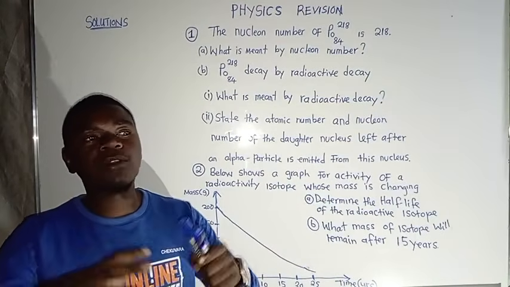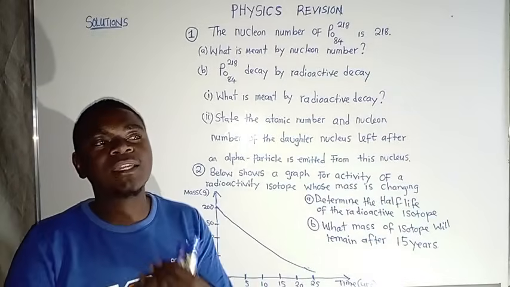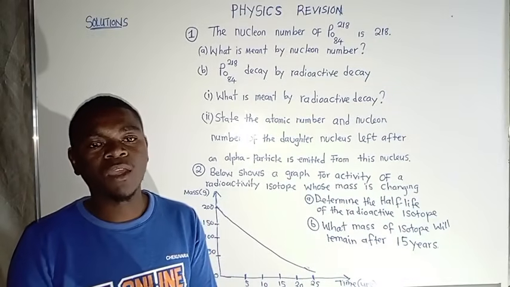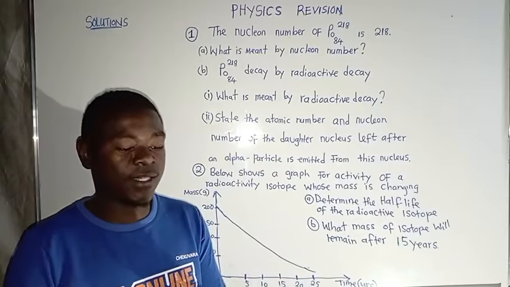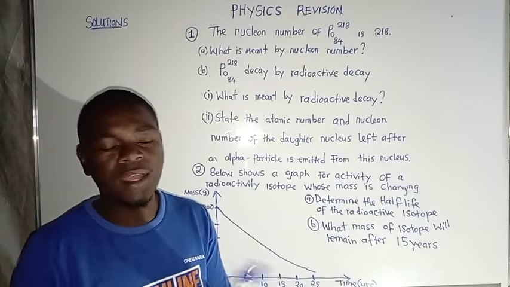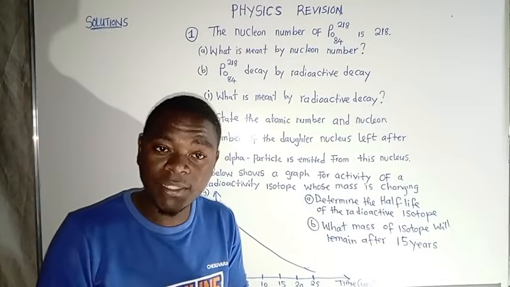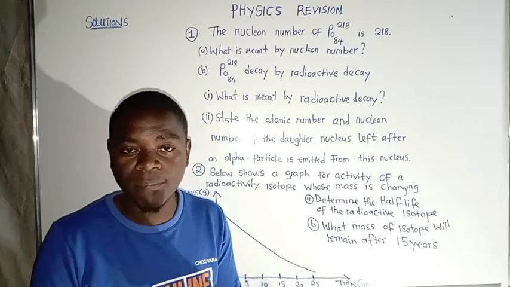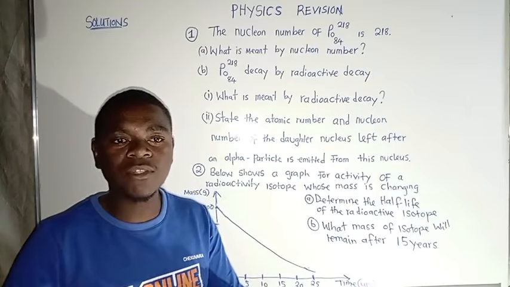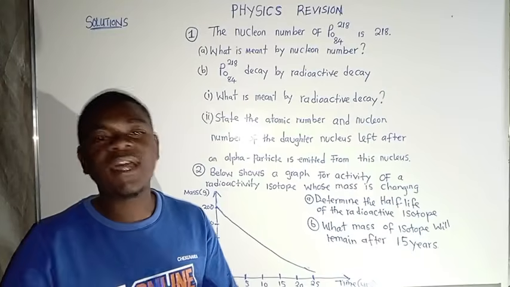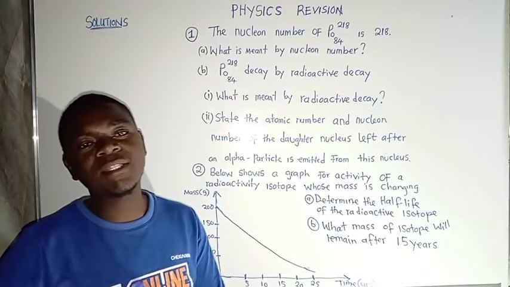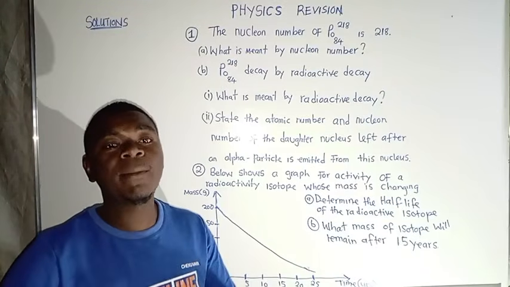If an unstable nuclei breaks down, it is going to emit either an alpha particle or a beta particle or a gamma ray.